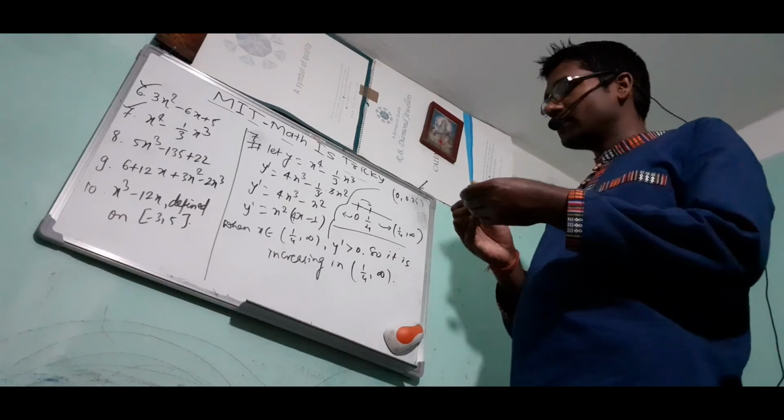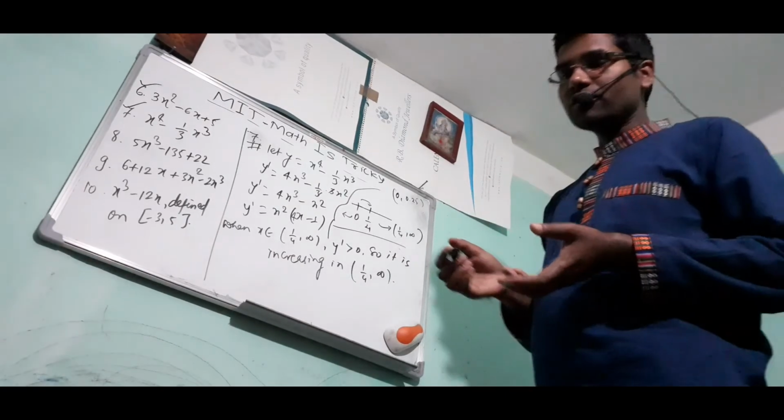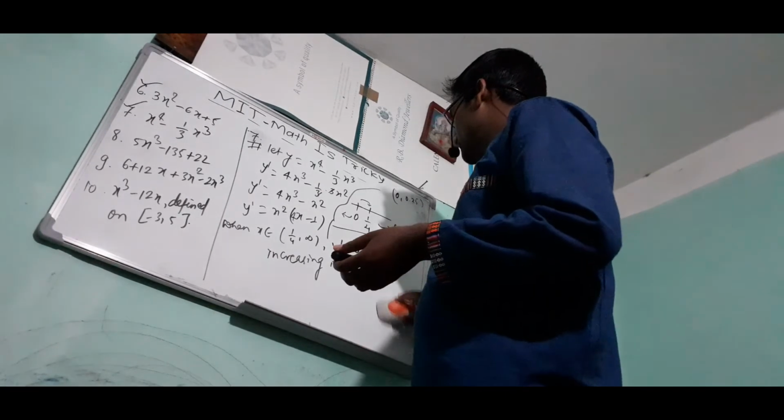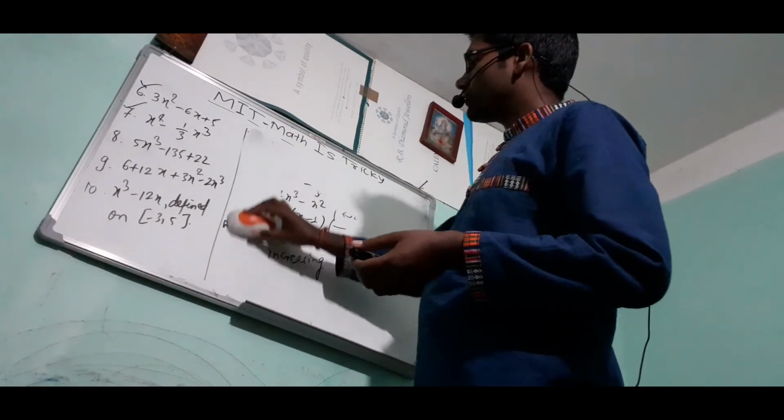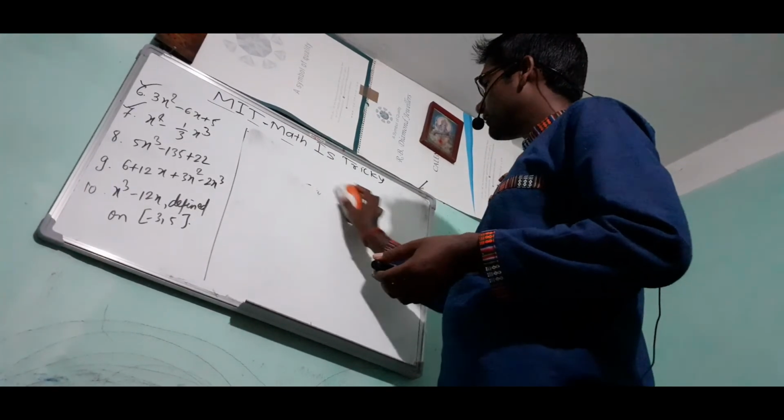Okay, this is how we can find the intervals in which the function is increasing or decreasing. Hope you are getting it. Let me solve other problems and explain it for you.